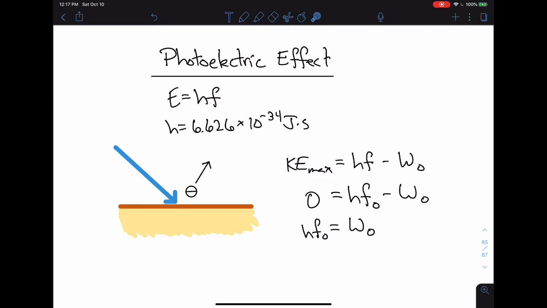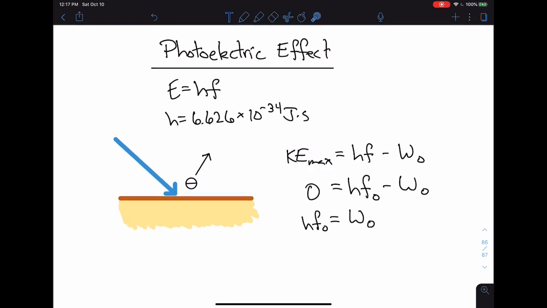And this effect is important, not just because I'm making you do some problems on it, but this essentially is what's going on with solar panels, with solar cells. This is how we get solar energy. The light comes in and the electrons are absorbing energy, or absorbing those photons. And that's allowing them to move, and we're getting a current from that.